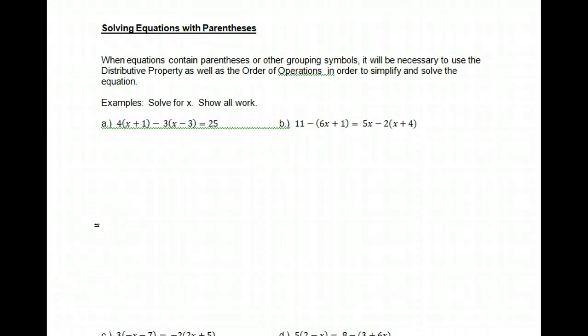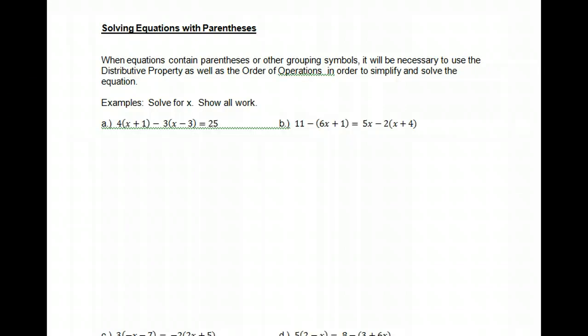We're now going to take a look at some examples and work our way through. In the first example, we have 4 times the quantity x plus 1 minus 3 times the quantity x minus 3 equals 25. You are simply going to start with the order of operations on each side of your equal sign.